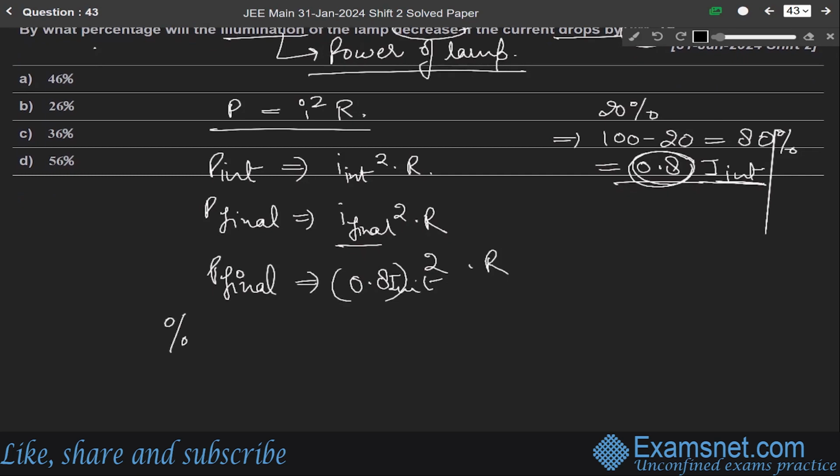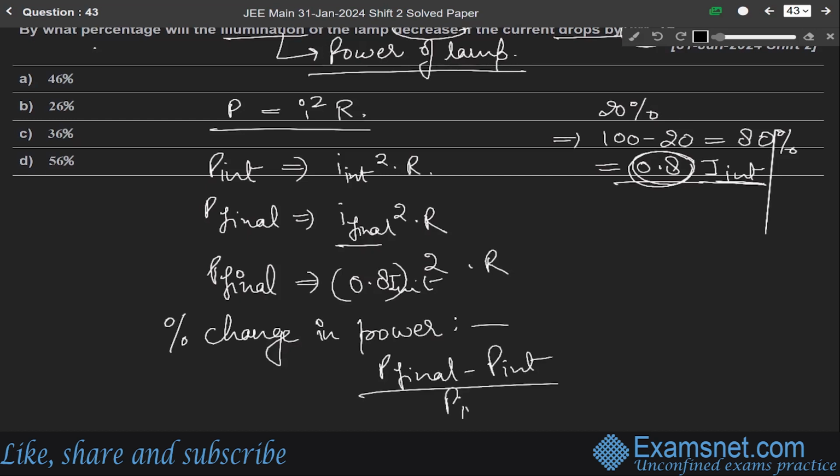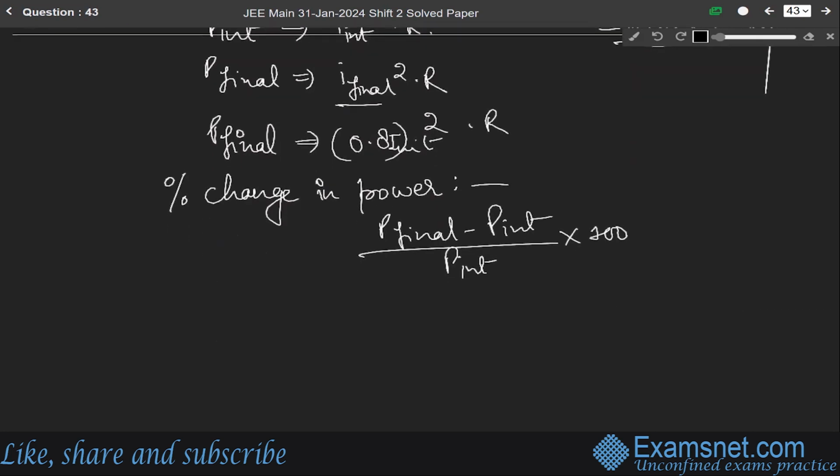Now the percentage change in power. The percentage change in the power will be P final minus P initial over P initial into 100. Since it is percentage change, P final means 0.8 square, that is 0.64, minus P initial is 1, over P initial is 1, into 100.